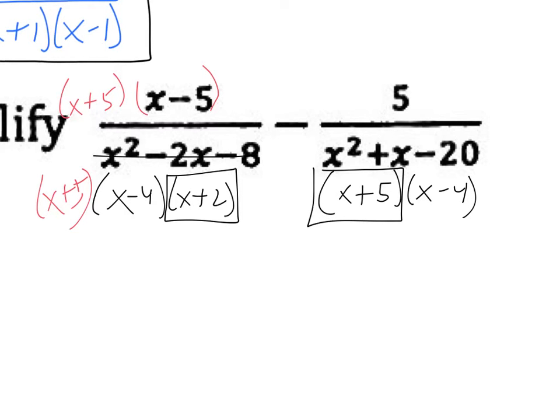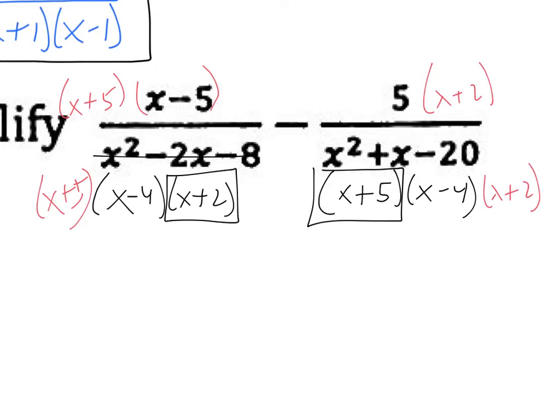In the second fraction, I need it to have an x plus 2, so I multiply it by x plus 2 over x plus 2. So now look at both denominators. They both have factors of x plus 5, x minus 4, and x plus 2. They're the same. So now that means I can combine these.